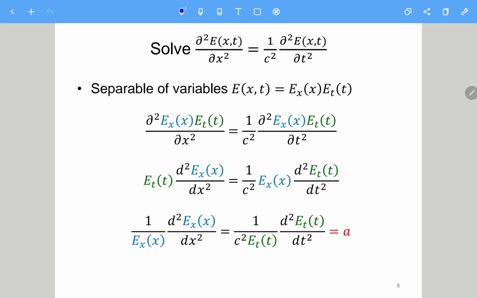Okay, so here the wave equation in free space is easy to solve. You can use separation of variables to solve it.